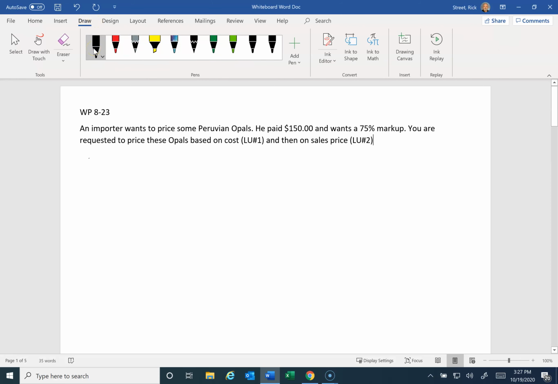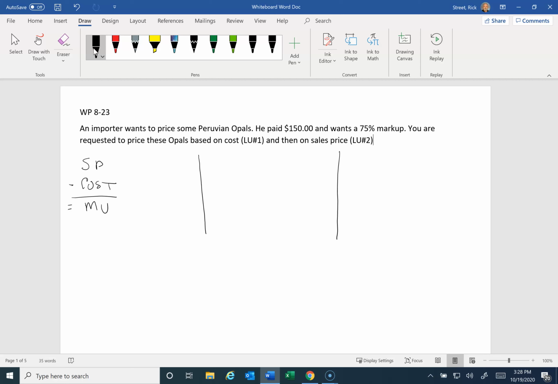So we know that sales price less cost equals markup. Okay. Now, based on the information that we have, I'm going to do a little table here.